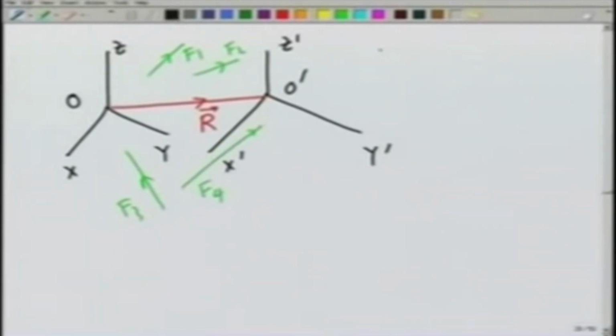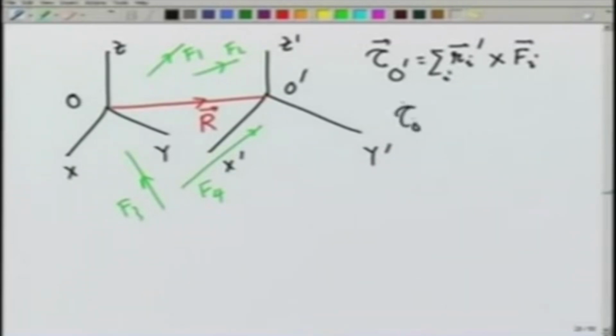Then the torque about O prime is going to be equal to summation r_i prime cross F_i summed over i, and torque about O is going to be summation r_i cross F_i, where r_i and r_i prime I take to be the vectors. Let me draw them in blue, touching at the same point.